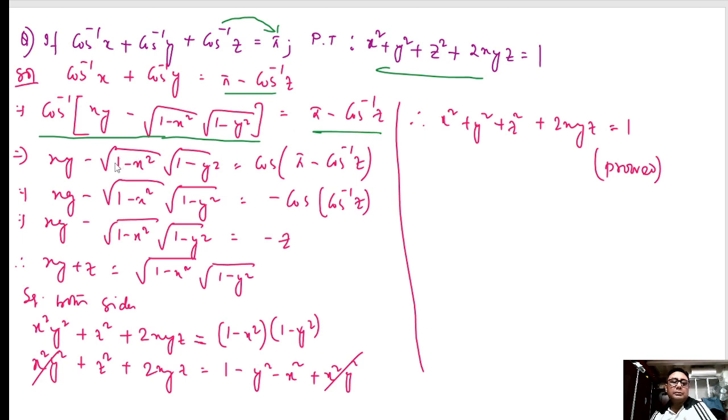So now this cos inverse is being shifted to this side. Cos of 180 minus theta is minus cos theta. Cos and cos inverse will cancel, so it is minus z. Now bringing z to this side, shifting the root to the other side and squaring both sides, this will be a plus b whole square.